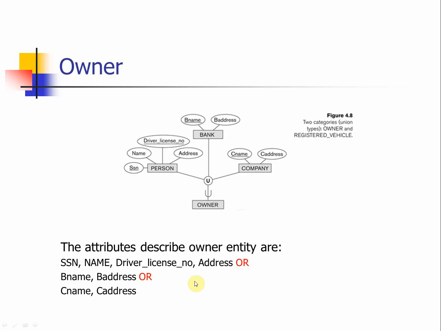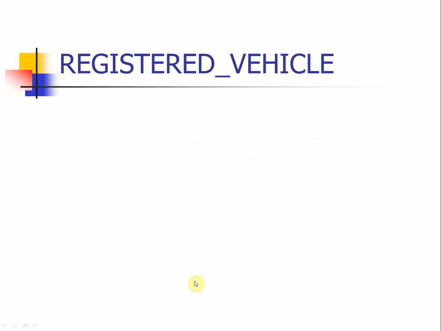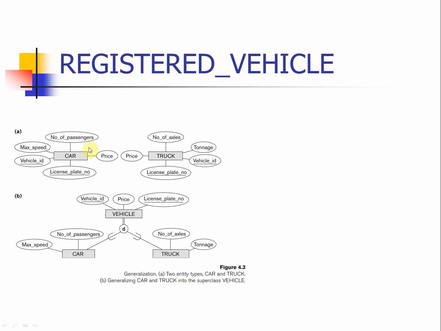To look at another example, vehicle. In our previous videos, we talked about how we can use a bottom-up approach to merge the car entity and truck entity to create a superclass, which is a vehicle. And now car and truck become subclasses. You need to understand this is something that we can do.